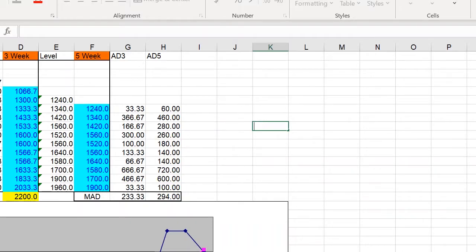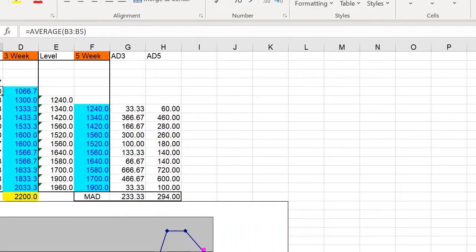Let's take, for example, the level in time period 3. That's what we can start with, because for a 3-period moving average model, we need data from 3 periods. We take the average of that and use it as a forecast for period 4. So I took the average for the first 3 periods, which is 800, 1400, and 1000. Take the average.